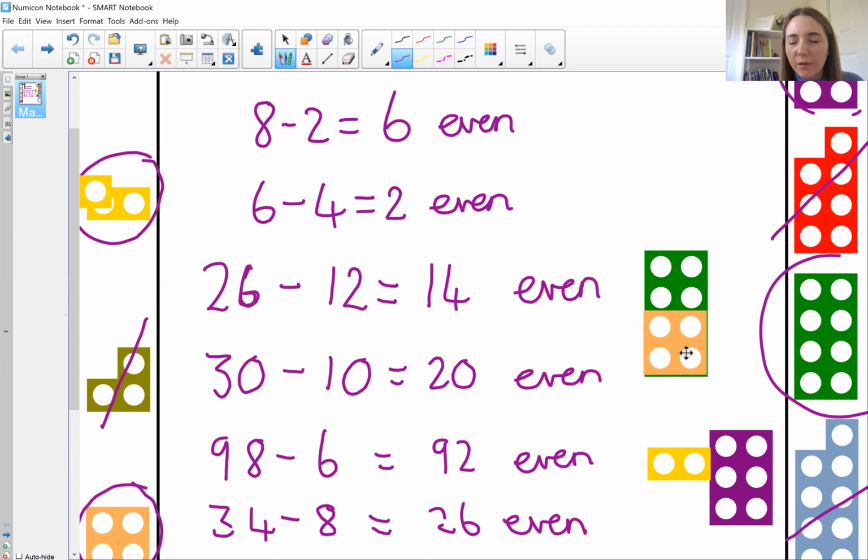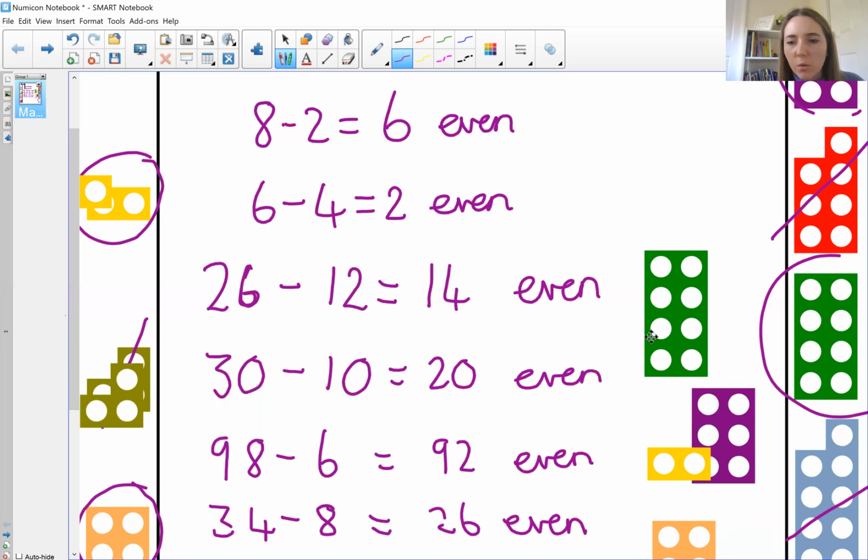Look, if I take away 4, I've got 2 even groups there to subtract, which leaves me with an even group. I'm never going to end up with a sticky uppy bit like I would if I took away 3. Then I've got a sticky downy bit here, which is odd. But whenever I take away the even numbers, it always ends up as even.